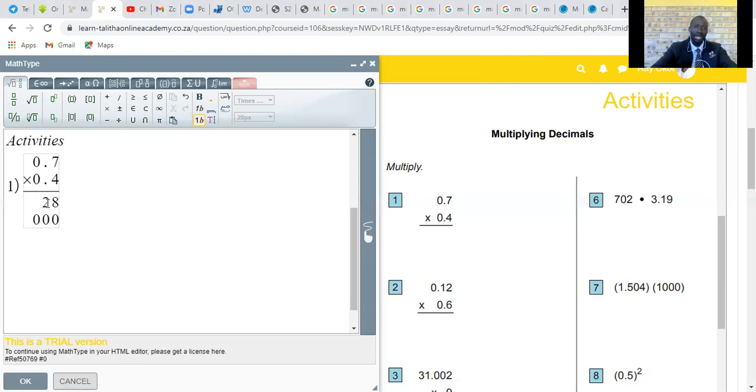Now, the next thing is to multiply 0 by 7. What we have got should now fall under this 2. So when we multiply 0 by 7, we get 0. Then again, when we multiply 0 by 0, we get 0.